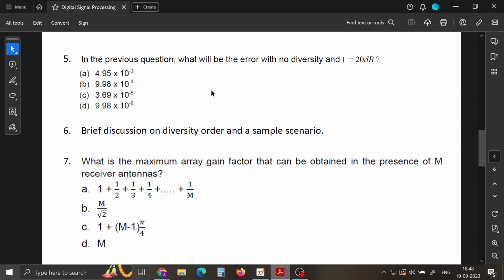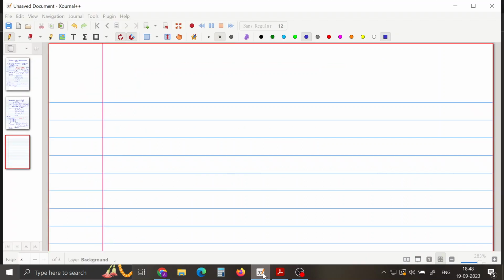This time there won't be any product of 3 terms, it's just a single branch. So again this is a continuation of question number 4.